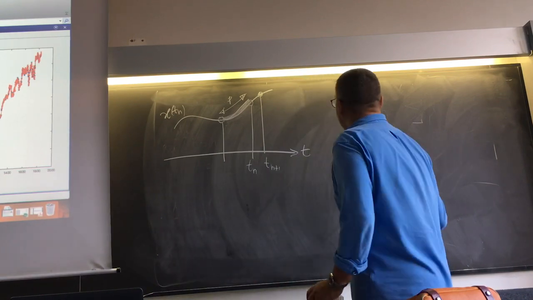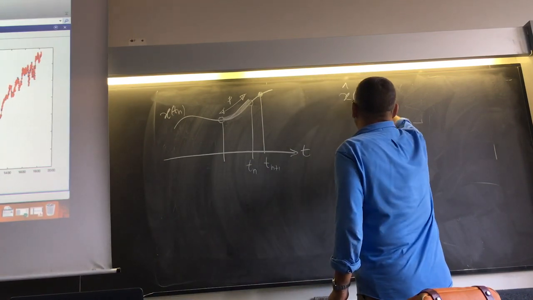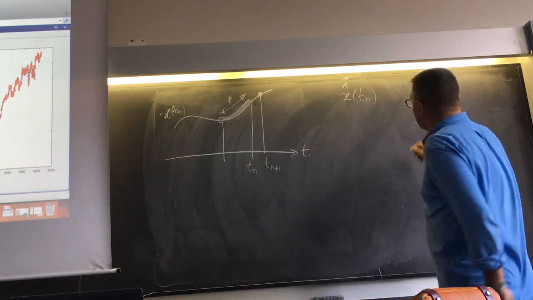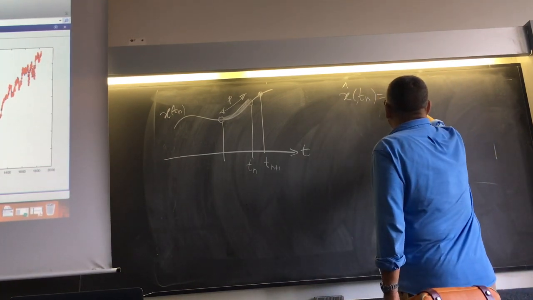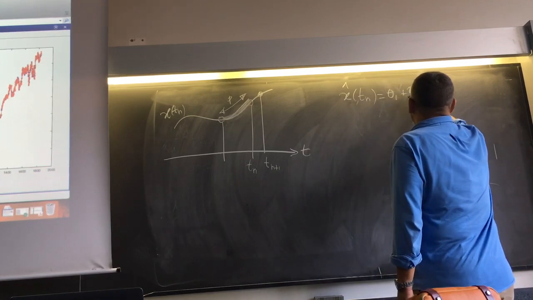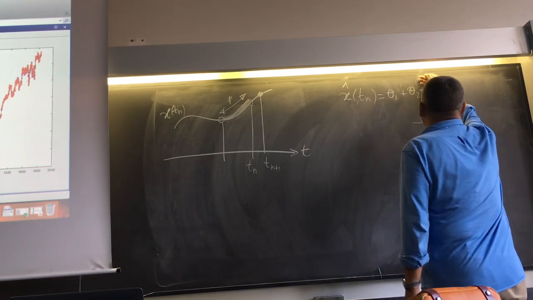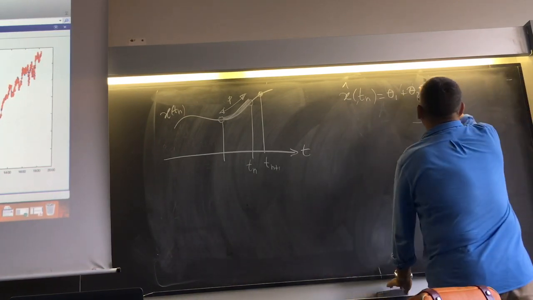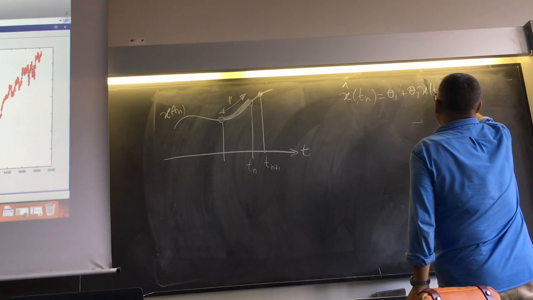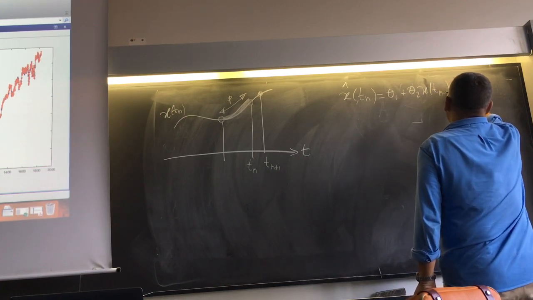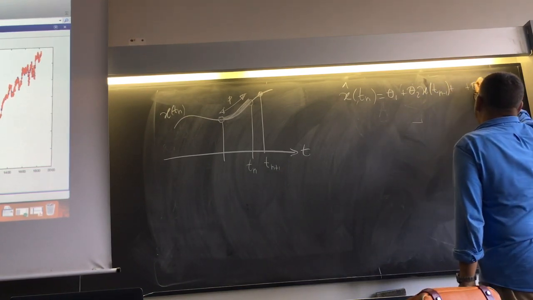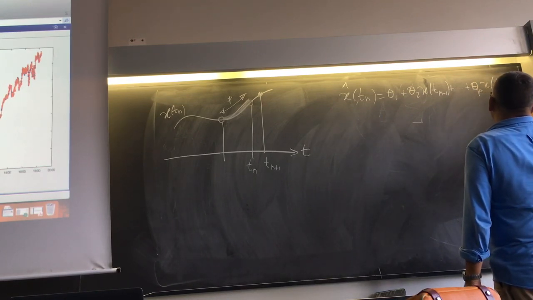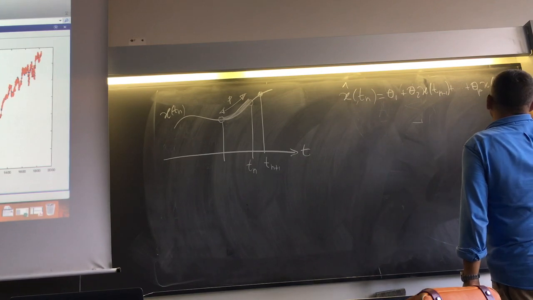The predicted value x at tn is equal to theta 1 plus theta 2 x at tn minus 1 plus and so on, plus theta p x at tn minus p plus 1.